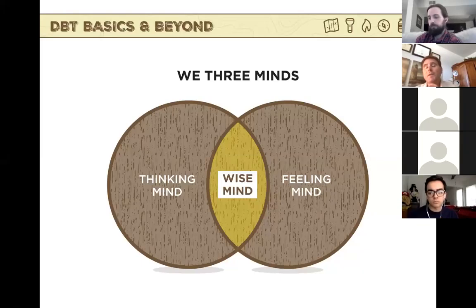And if you don't believe me with this point, just think of the last time someone said something to you with their words, but their body language completely contradicted what they said. What did you believe? Right? We instinctively believe what someone communicates emotionally over what they communicate verbally. Right? It just goes to show that we still need this feeling mind.